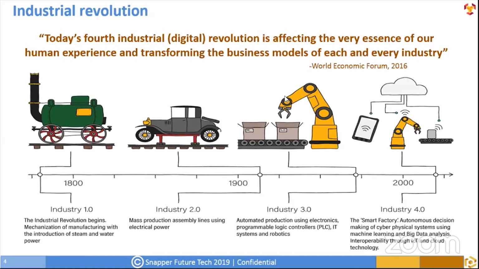But when it comes to Industry 4.0, it's something different. Now, as per the World Economic Forum, today's fourth industrial revolution, which is all about digitization and automation, is affecting the very essence of our human experience and transforming the business models of each and every industry, and coming up with many new kinds of business models as well.